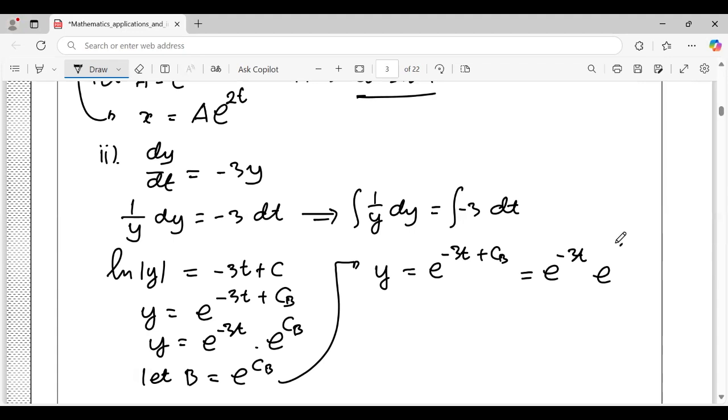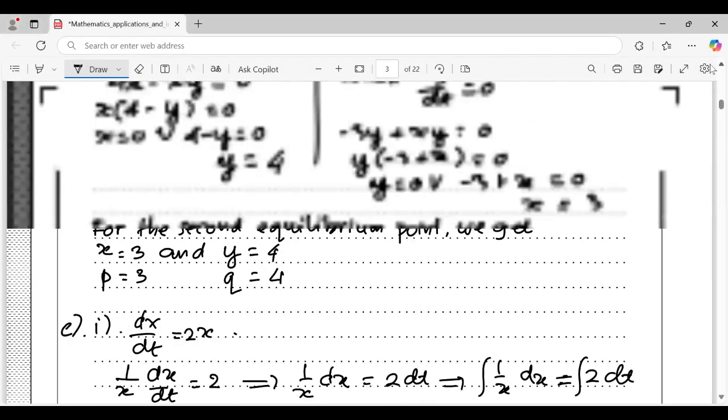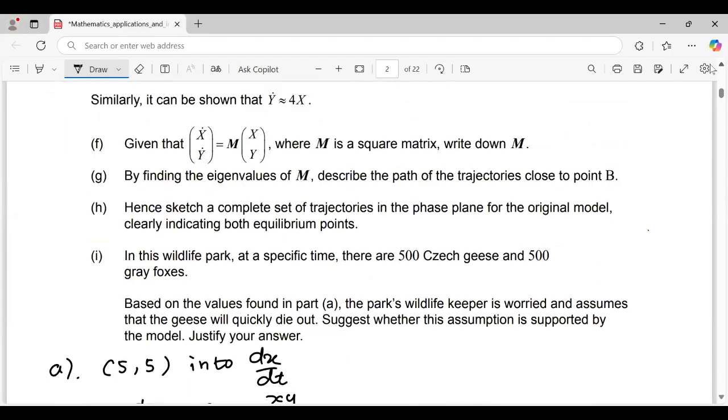This one is x, and this is y. Next question.